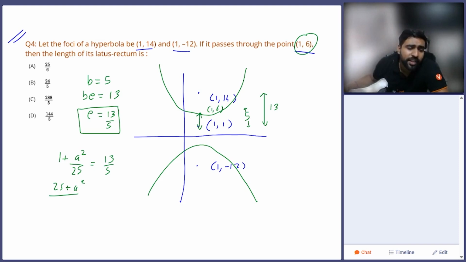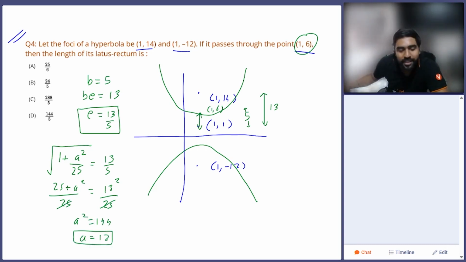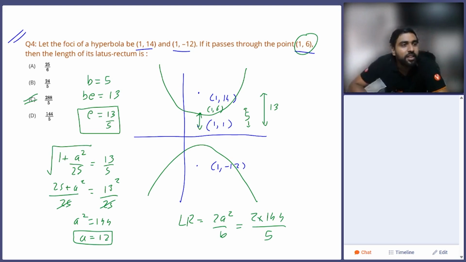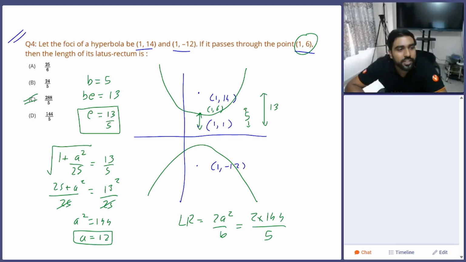So you have 25 plus A square upon 25 equal to 13 square divided by 25. So what is A square? I can say A square is equal to 144, giving you A equals 12. The moment you have got this, the length of the latus rectum is what? It is 2A square upon B, which will be 2 into 144 divided by 5. That's 288 upon 5. Option C will be the answer for this question.